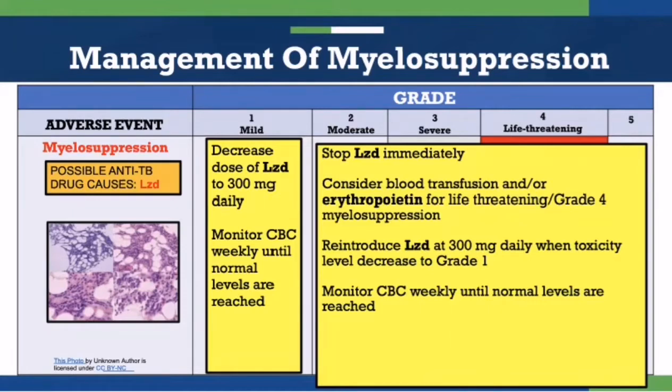For mild cases, you can decrease linezolid to half, that's 300 milligrams daily, and then just monitor CBC weekly until normal levels are reached. If you have moderate to life-threatening myelosuppression, you may consider giving a blood transfusion.